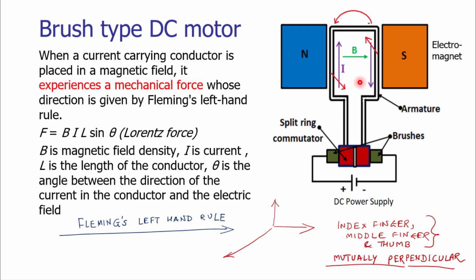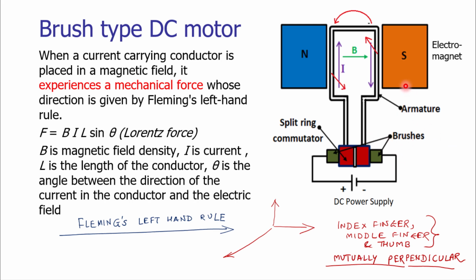Due to the interaction of the electrical field and the magnetic field, a force will be applied on the current carrying coil, and the direction of the force is along the thumb direction, which would be downward. So if you hold your left hand with the index finger along the B direction and the middle finger for the I direction, the current direction, the thumb will point down, and that represents the force acting on the current carrying coil.